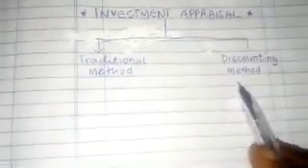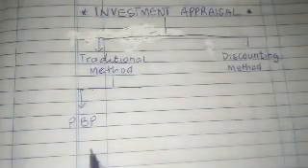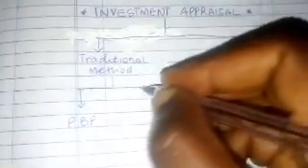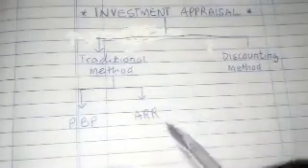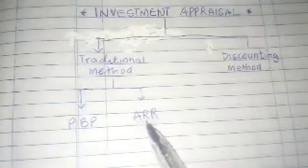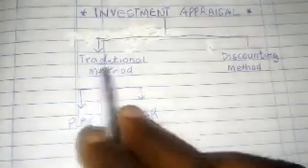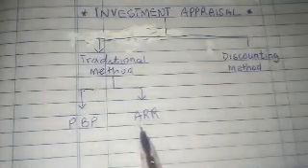Under the traditional methods, number one, we have the payback period. Number two, we have the accounting rate of return. That is the traditional method: the payback period and the accounting rate of return.